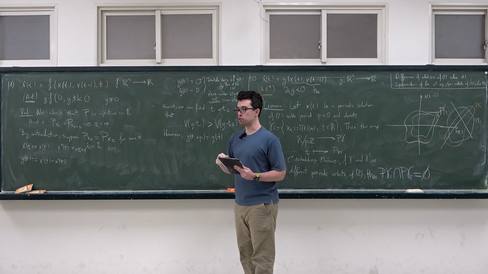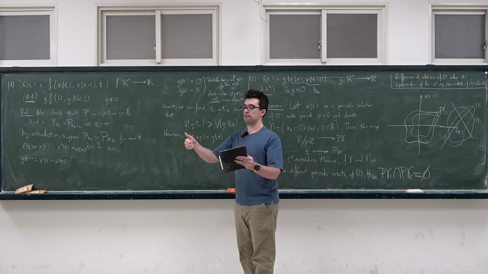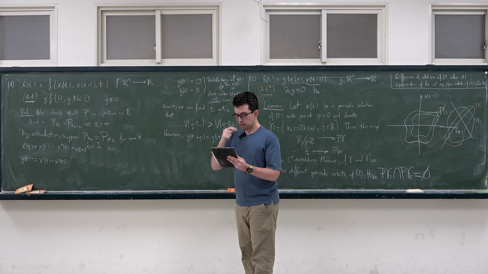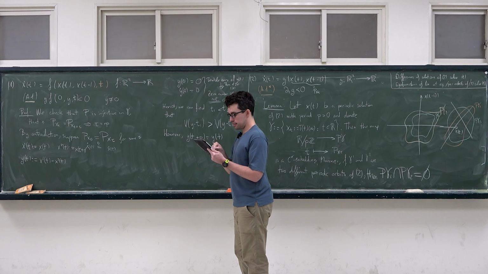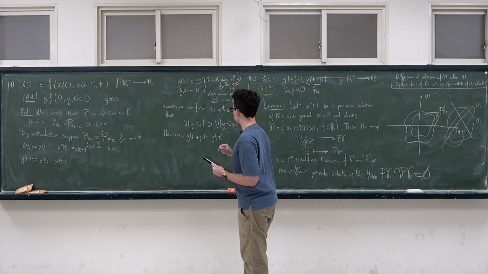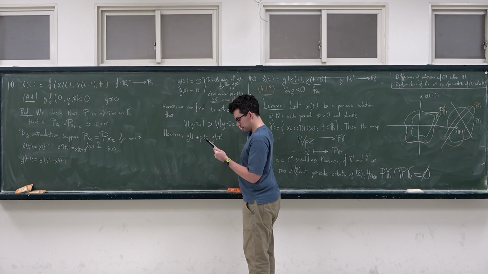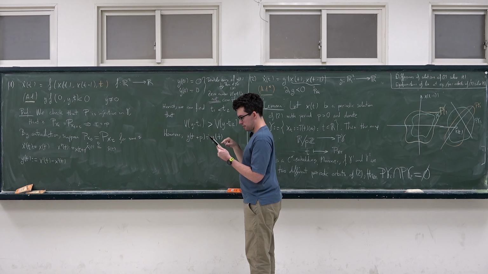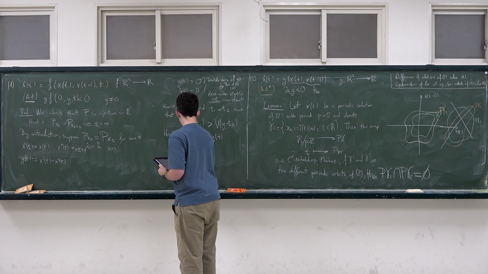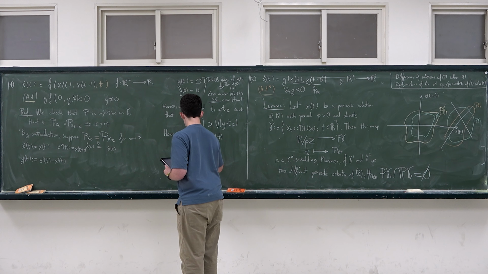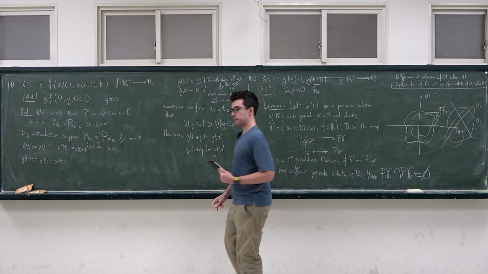Both of them have period p, so whenever I subtract them, I still have period p. Here I wrote quasi-periodic. I don't know what I was thinking. It's periodic. So that means that y of t1 plus np is y of t1.